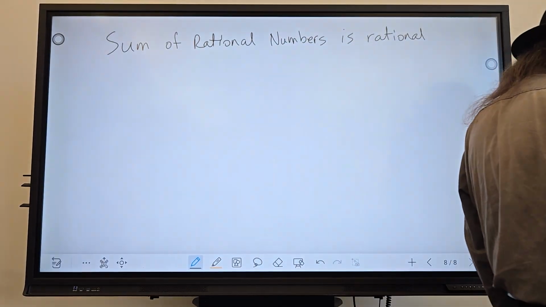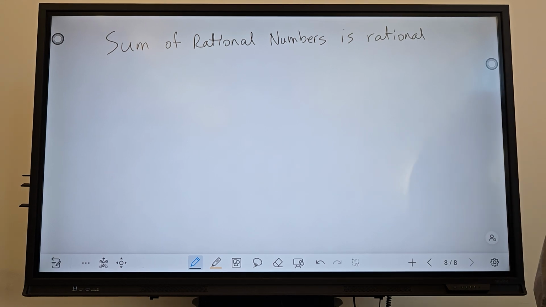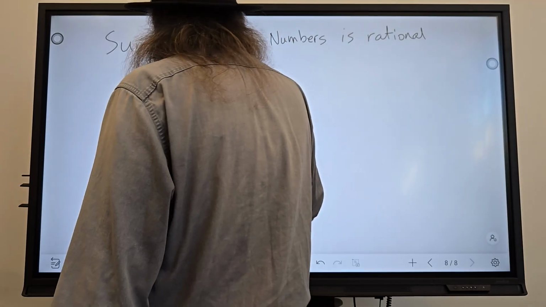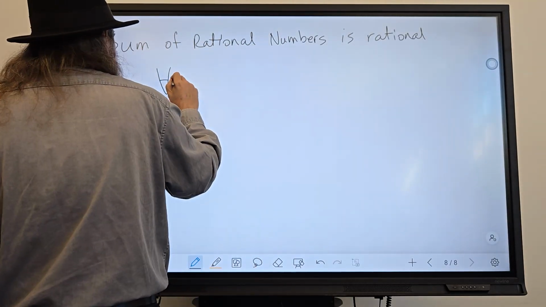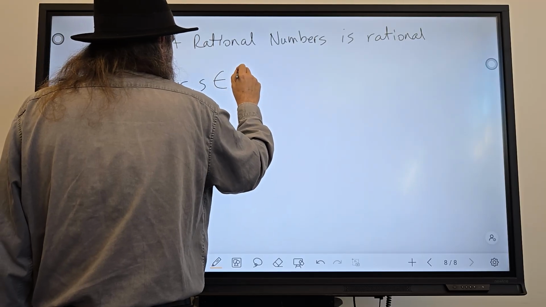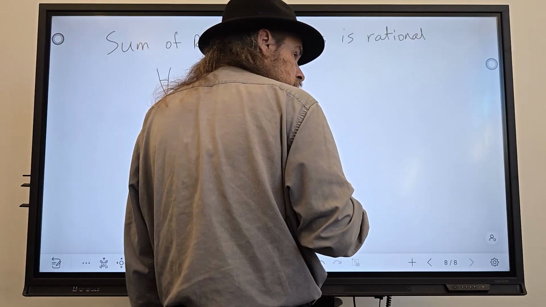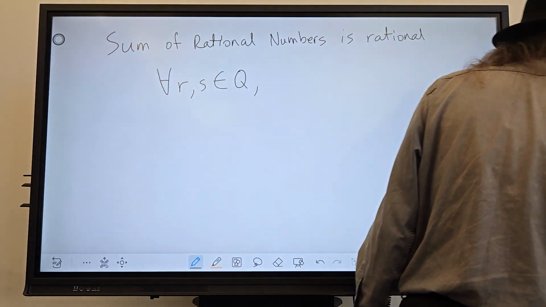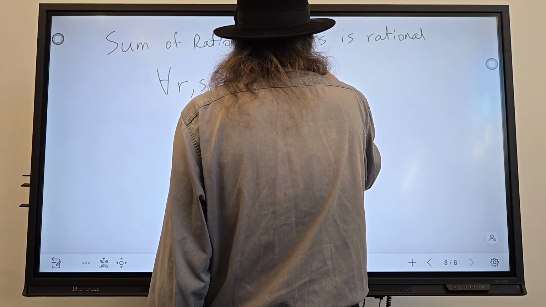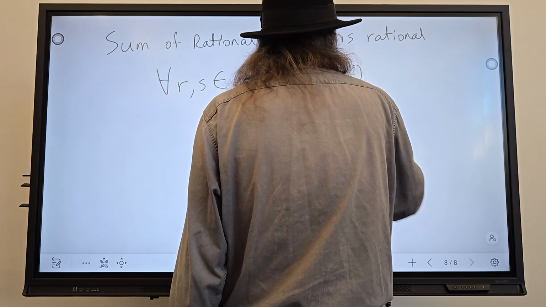So state formally: for all r and s elements of the rational numbers, r plus s is an element of the rational numbers as well.